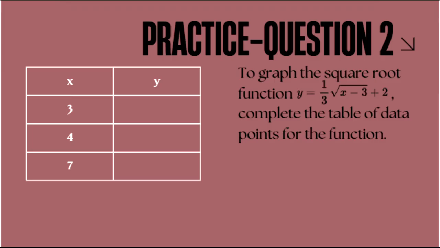Practice question number 2. To graph the square root function y equals 1/3 times the square root of x minus 3 plus 2, complete the table of data points for the function. This I can handle. You should be able to handle it too. Pause it, go do it, come back.